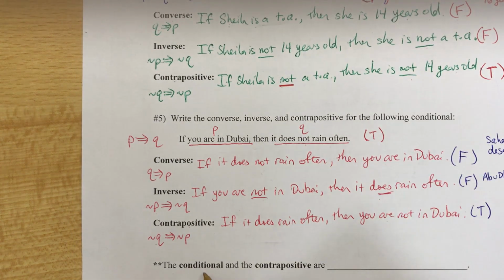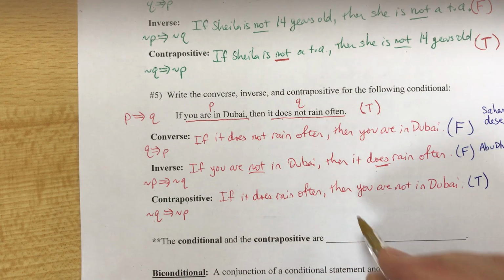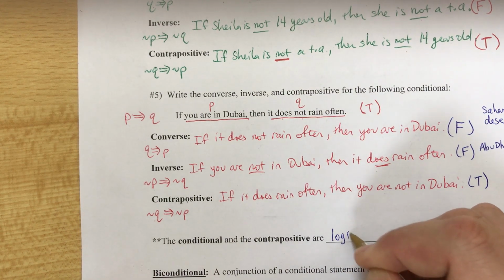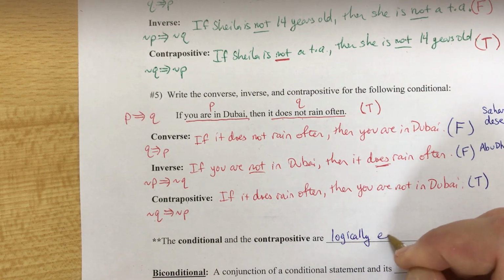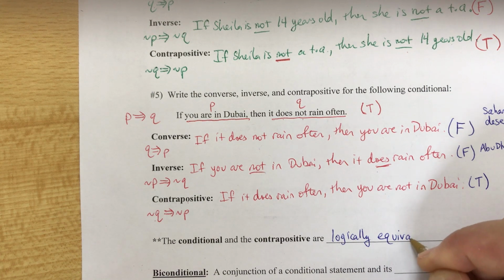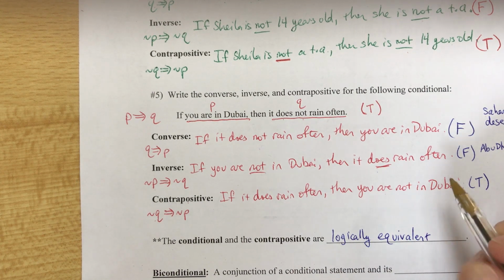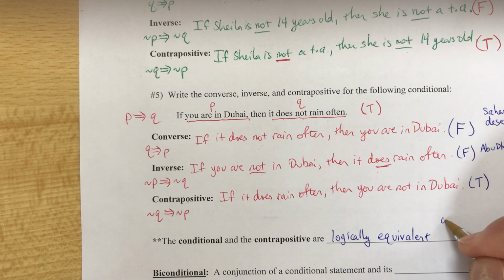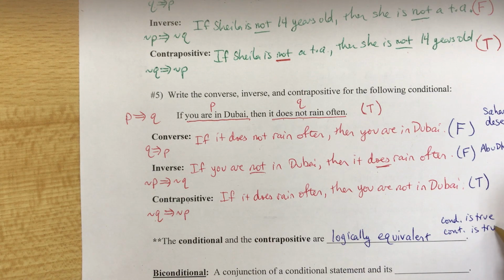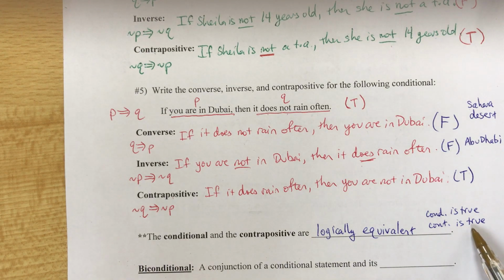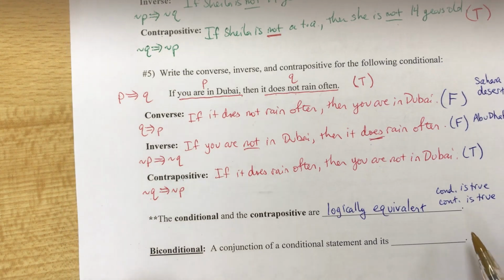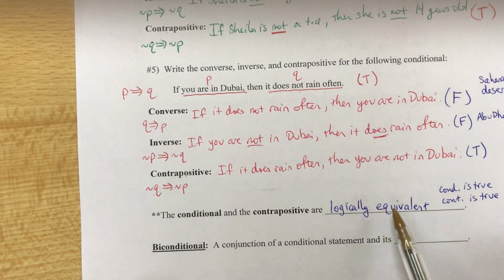But the conditional and the contrapositive are what we call logically equivalent, logically equal. If the conditional is true, the contrapositive is true, always. If the conditional is false, the contrapositive would be false. Okay? Now this will come up again in the next lesson.